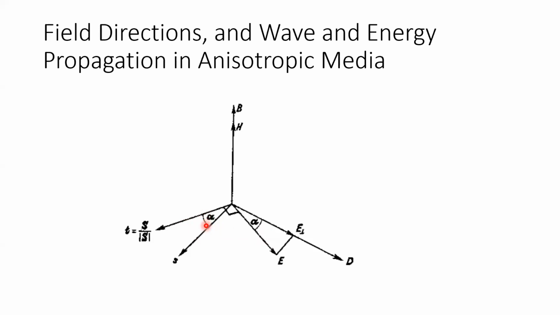That's the angle by which the wave propagation direction and the energy transfer direction differ. So keep this diagram in mind. The important physical fact is that energy transmission and wave propagation are in different directions, and the angle between them is the same as the angle between E and D.